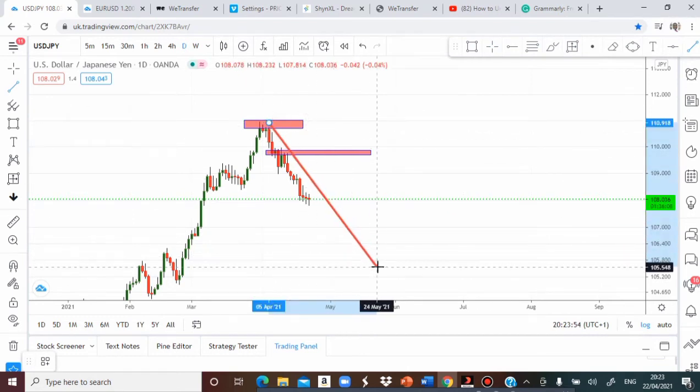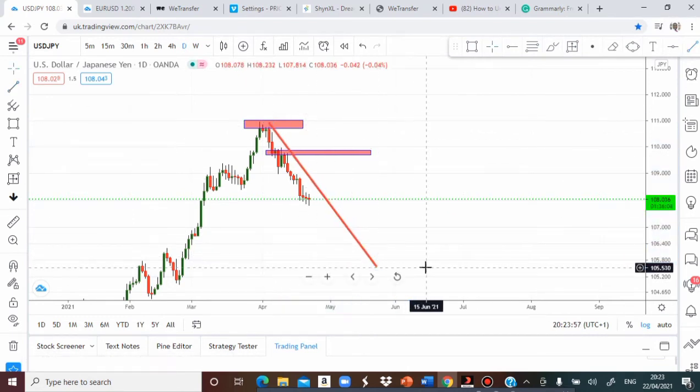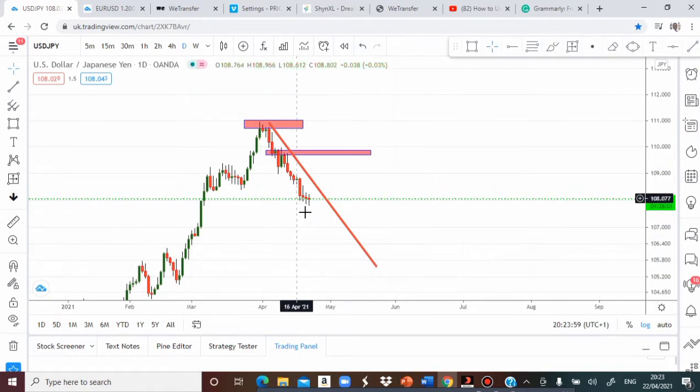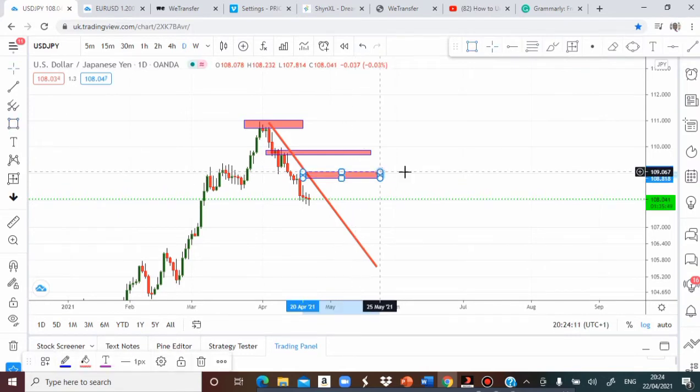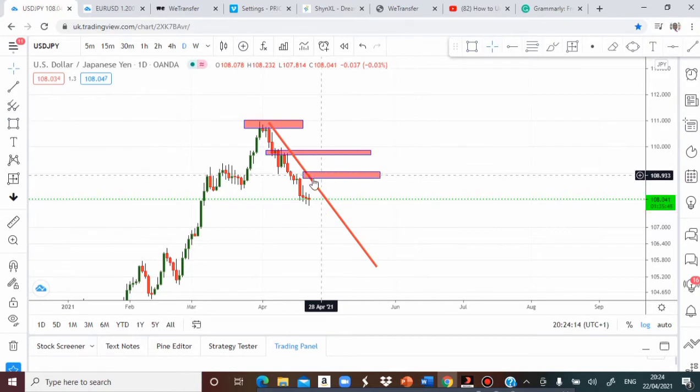This is a structure. It has formed a downtrend structure. Now you want to be waiting for this market to come back here. Your trading opportunities are going to be here. This is where you want to be looking for your sell. So price may come back here.